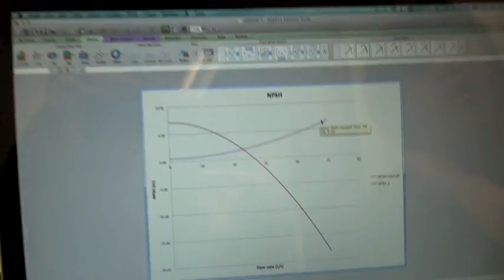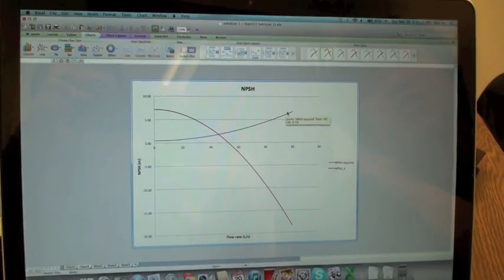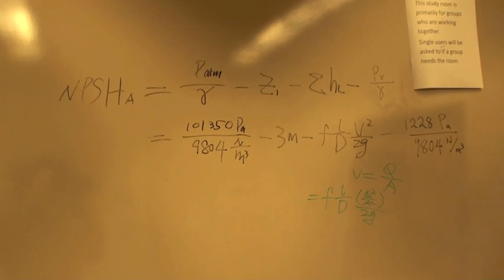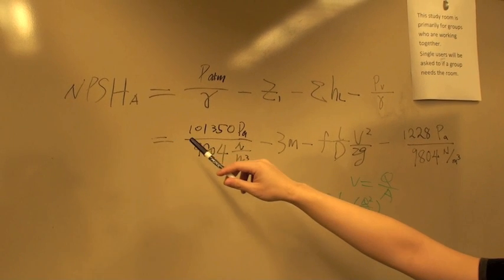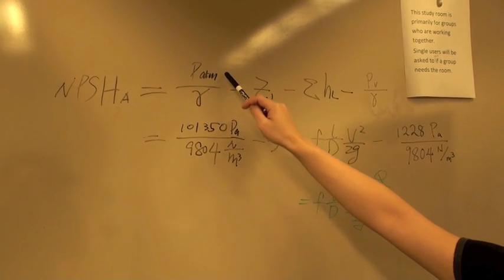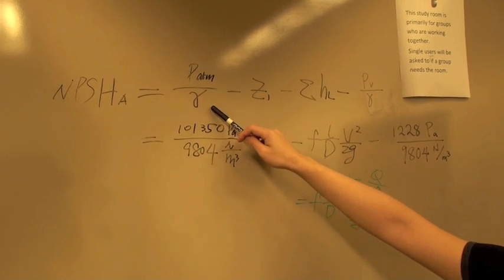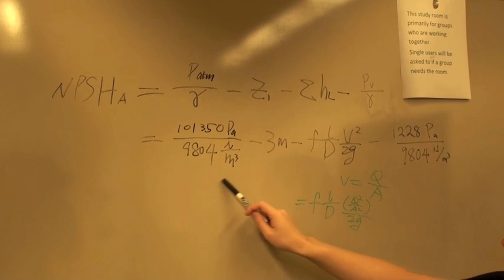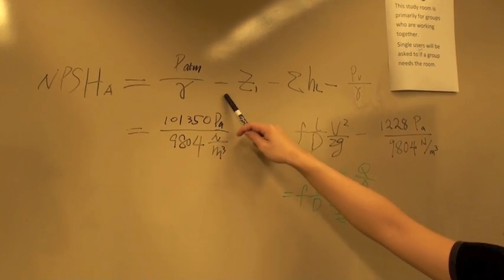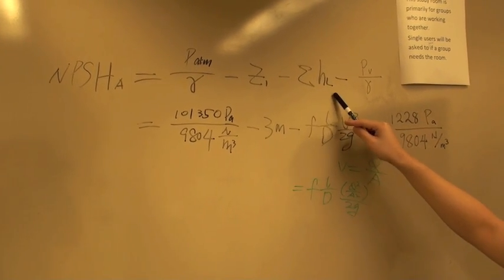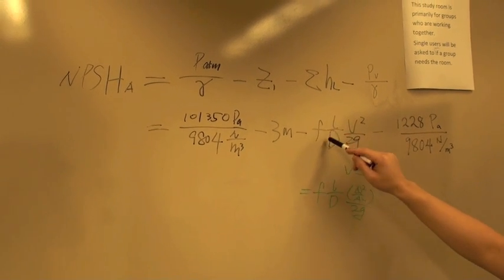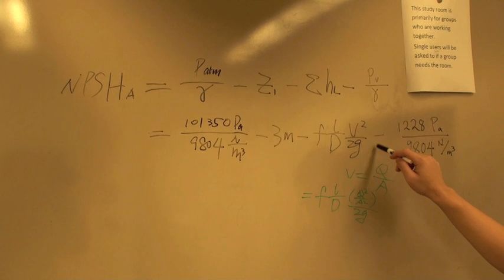Next, we need to plot the actual net positive suction head. In order to plot those values, we need to put in this equation. The actual net positive suction head is basically the absolute atmospheric pressure divided by specific weight, minus the elevation, 3 meters, and the sum of the head loss. It's actually f times L over D times V squared over 2g.